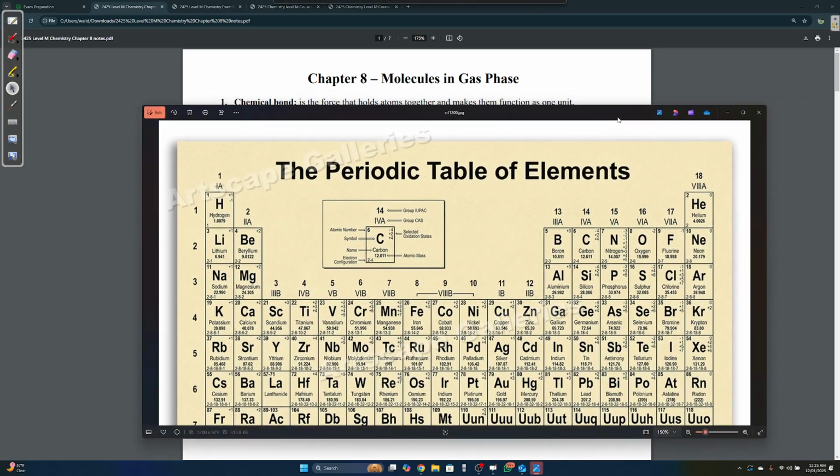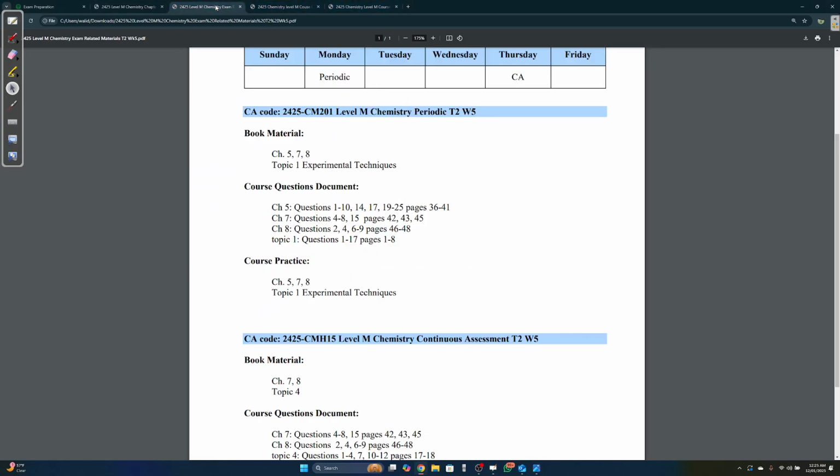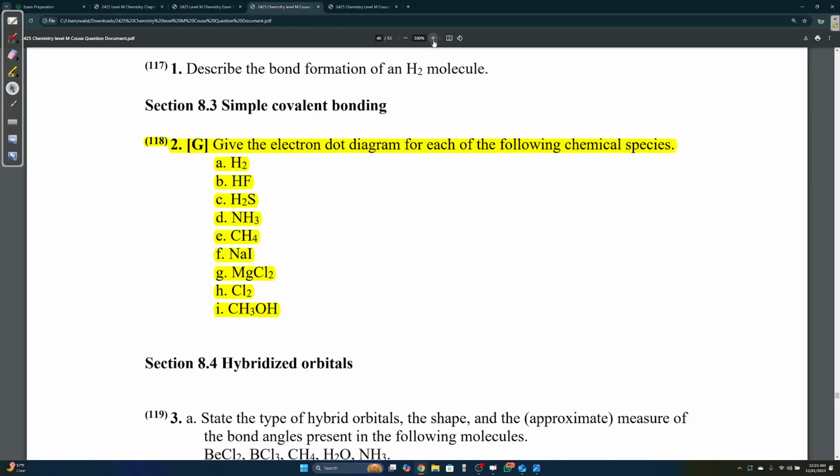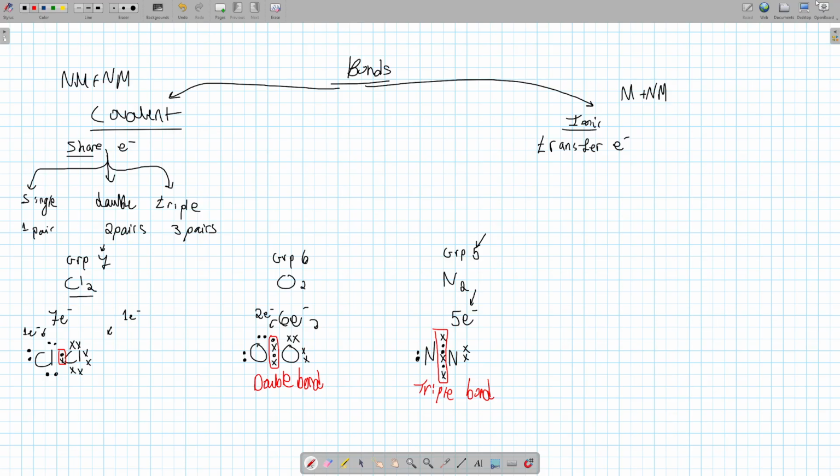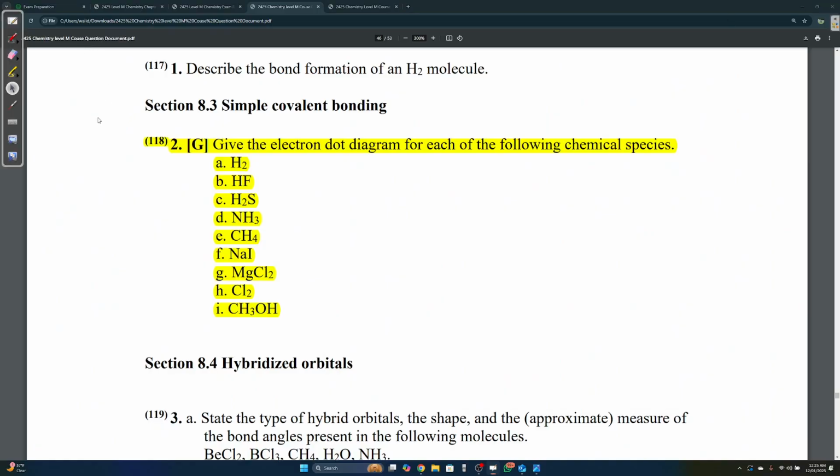So now, let's do the questions. Let's start with H2. It's a bond. If they just said H, you take your time, you write the whole atom. H2 is a compound, right? So in bonding, H is in group 1.